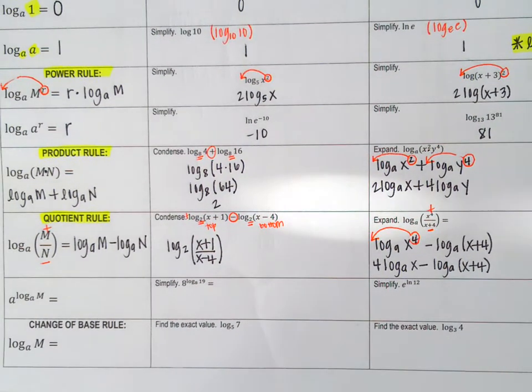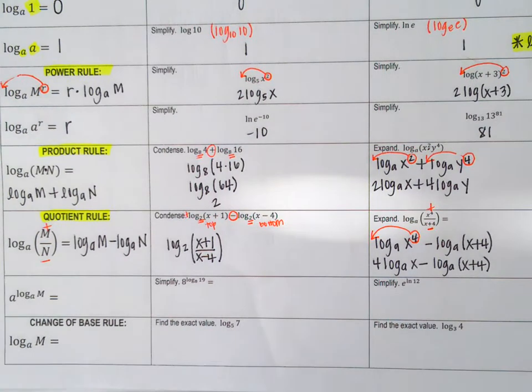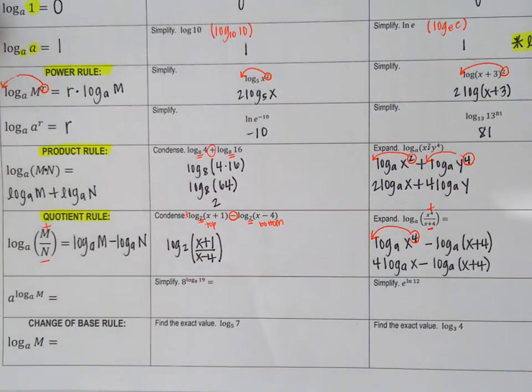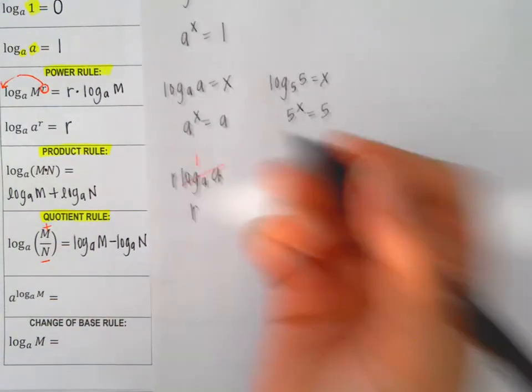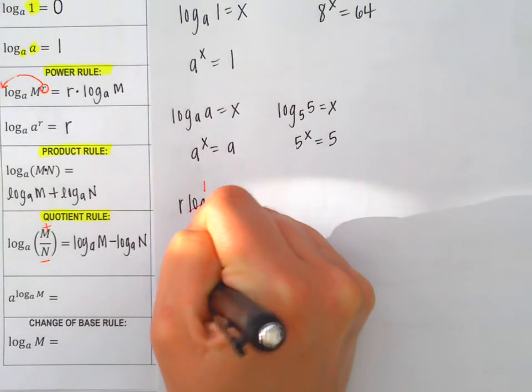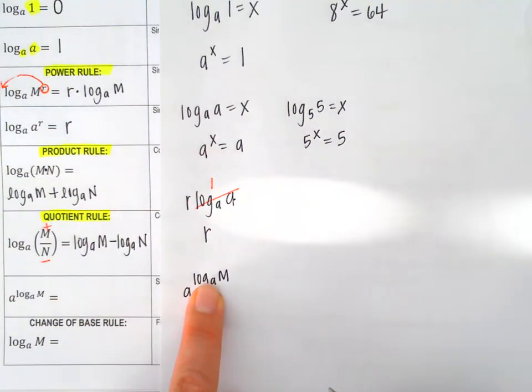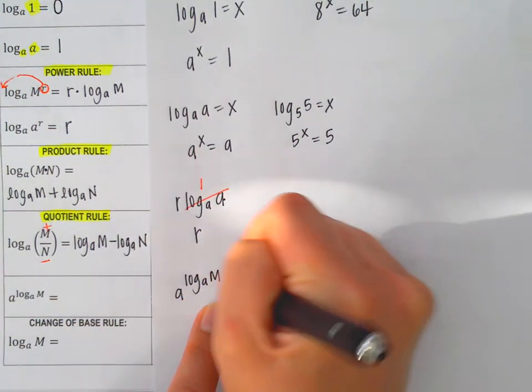Okay, so our last couple, this next one is just understanding logs. So if I have a to the power of log base a of m, that's an entire exponent, and I'm just going to set it equal to x.